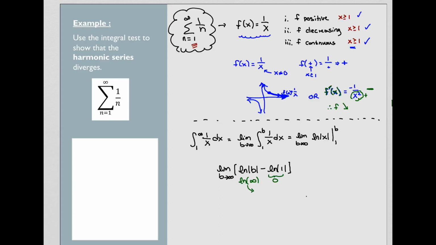That's just infinity, right? This whole limit goes towards infinity. And what does that tell us? When we have an improper integral that ends with a limit at infinity, that tells us that the improper integral diverges. And the integral test that we're just learning tells us if the improper integral diverges, that means the corresponding infinite series diverges.